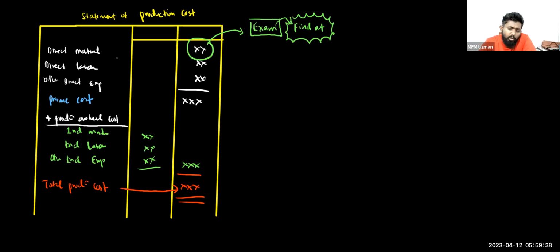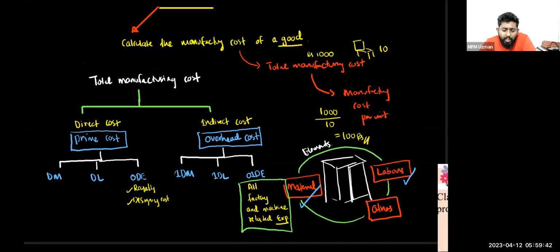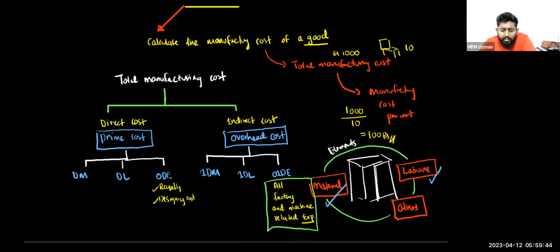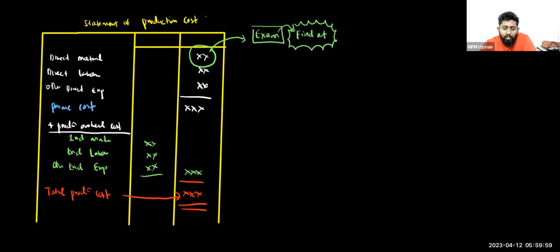Here, total manufacturing or production cost includes these things: you add direct material, direct labor, and direct expenses, and you get prime cost. If you add these three, you get overhead cost.